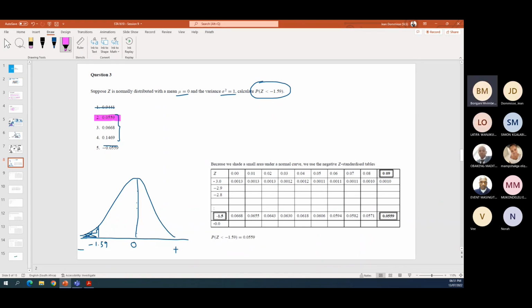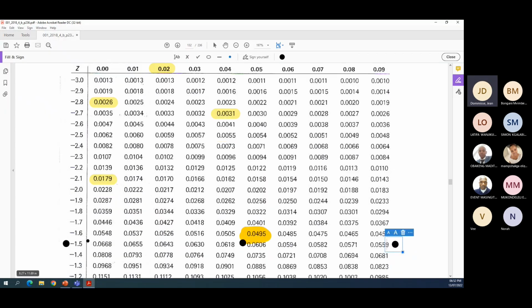So a negative 1.59, can't I round it to 1.6? Because we also have negative 1.6 on the table. Would that then have given you probably that answer? Let's just see, no, luckily not.